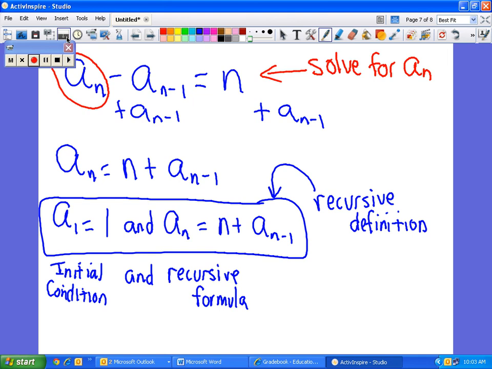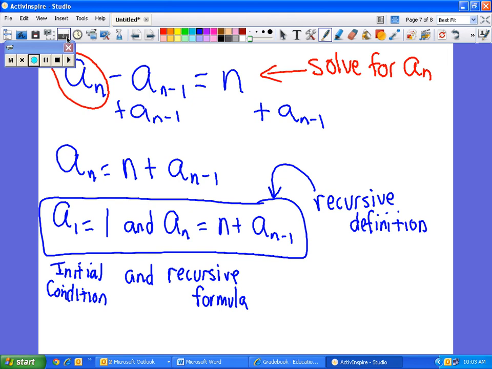And then we write our recursive formula. So the recursive definition consists of two things: the initial condition and the recursive formula. If you're asked to find the recursive definition, you can't stop at the recursive formula. You're not finished.